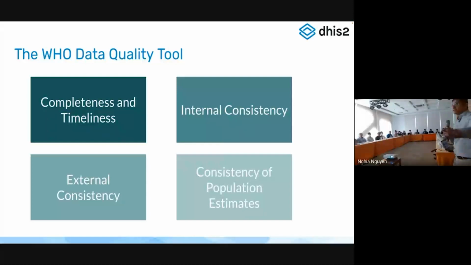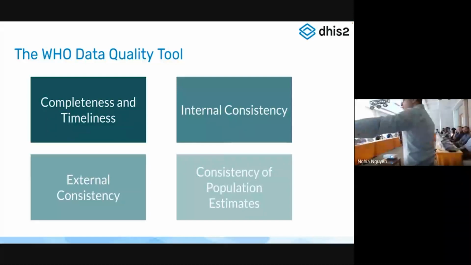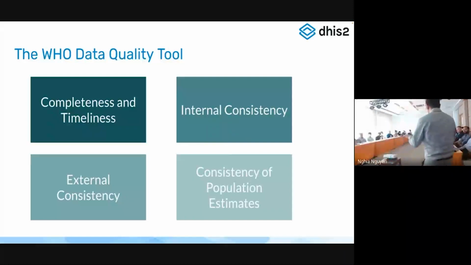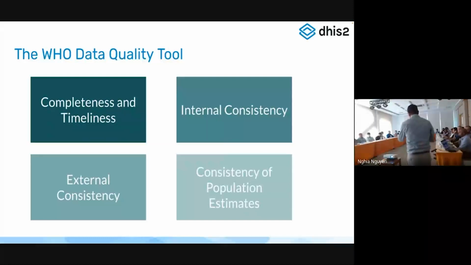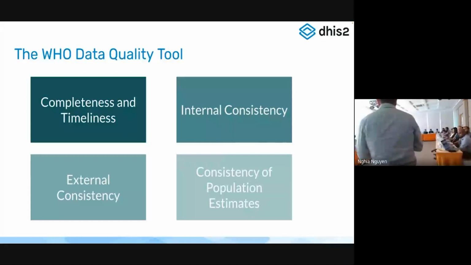Okay, so the WHO data quality tool looks at 4 different measures based on the WHO data quality framework. This is completeness and timeliness of data, internal consistency of our data, external consistency. So this would be, for example, comparing your data with another source, maybe a DHS survey or some other survey tool that you performed data collection on, as well as consistency of population estimates.